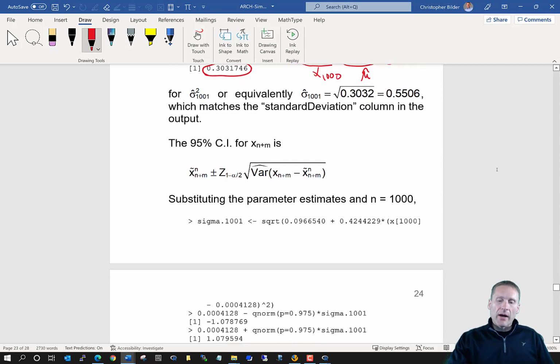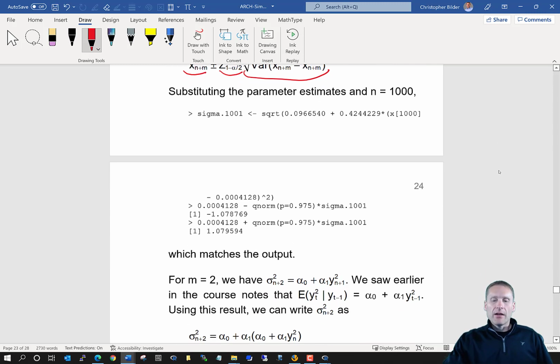So then, in general, the 1 minus alpha times 100% confidence interval for x of n plus 1, where alpha corresponds to our confidence level, is just the forecasted value plus and minus the value from the standard normal distribution times the square root of the estimated variance. Let's figure these values out. Here is the predicted value, or forecasted value, which again is mu hat.